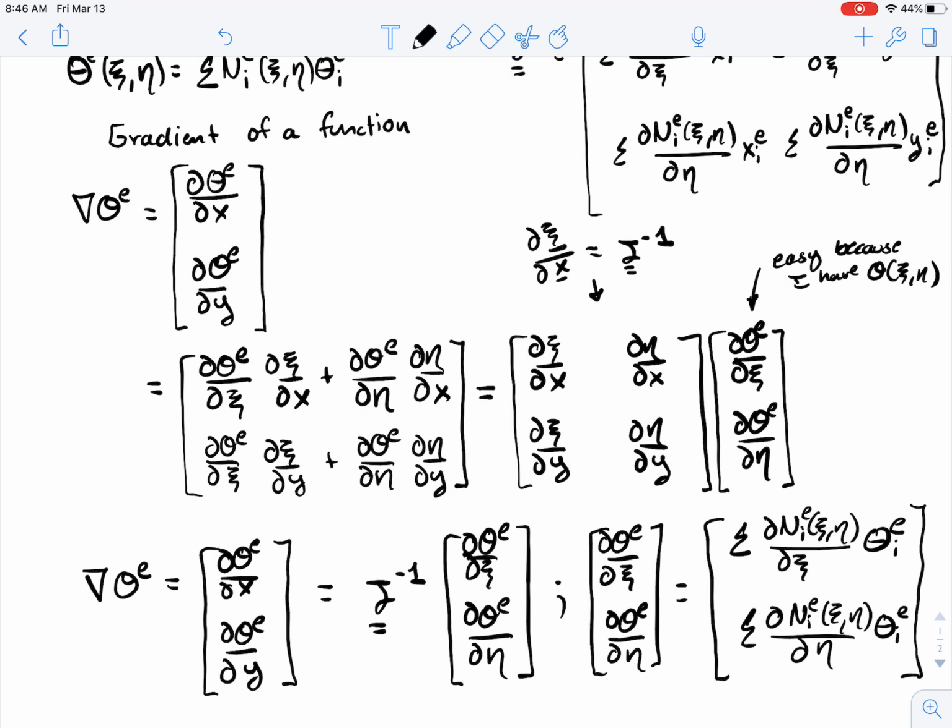And that's it. That's how you calculate the gradient of some function. You need the inverse of the Jacobian, and you need the derivatives with respect to xi and eta, which you can have because you have the interpolation in terms of the basis functions in the parent domain defined in xi and eta.